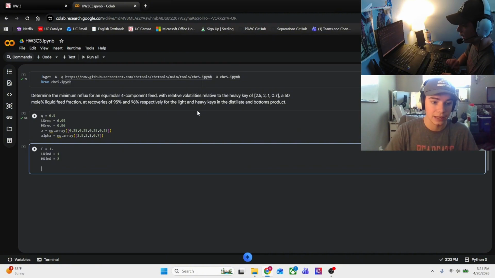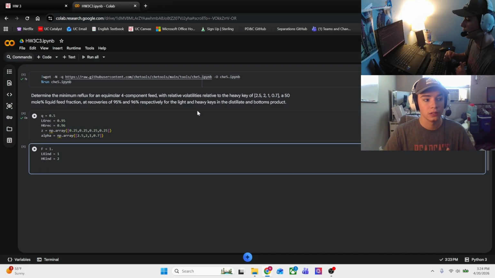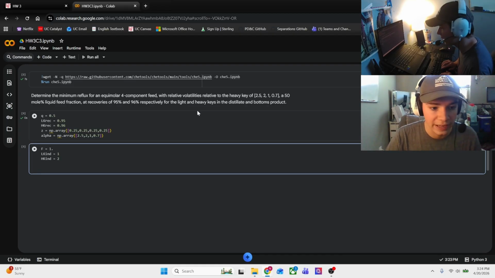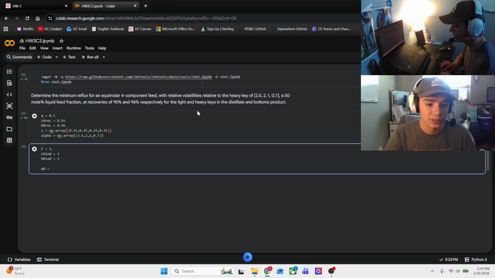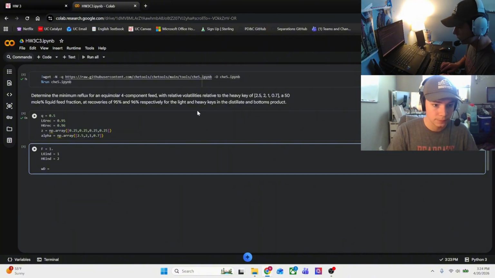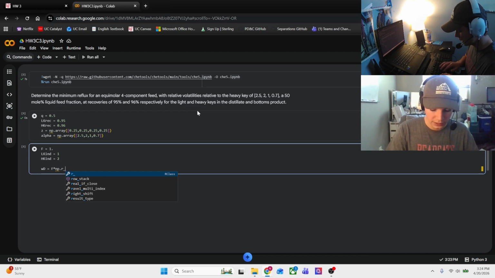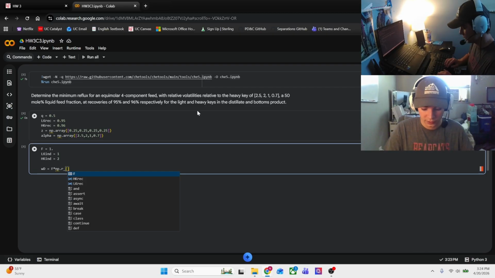We can go ahead and calculate the distillate weight. So the combination of everything coming out, the weight of the stuff coming out of the distillate. So we're going to call that our WD. And our WD is going to equal our feed times np.r_, and the first, I need to put a bracket there.